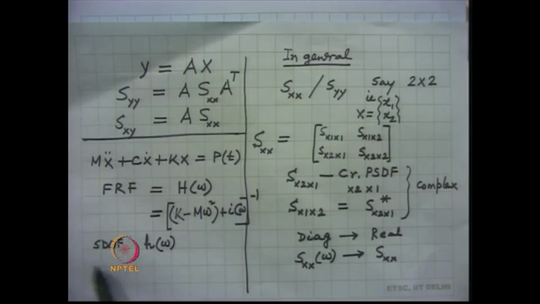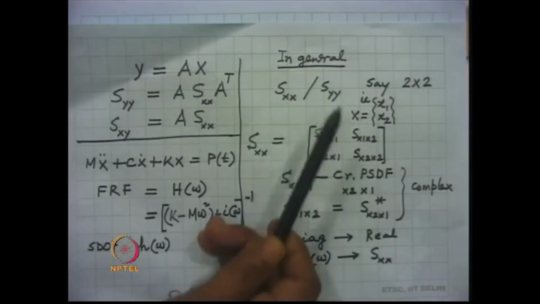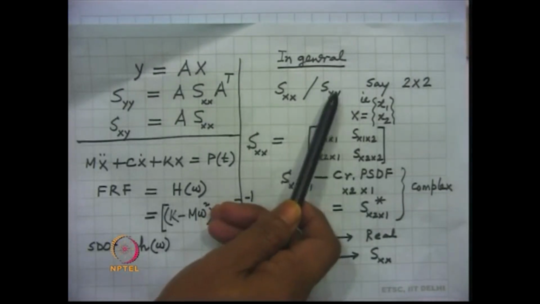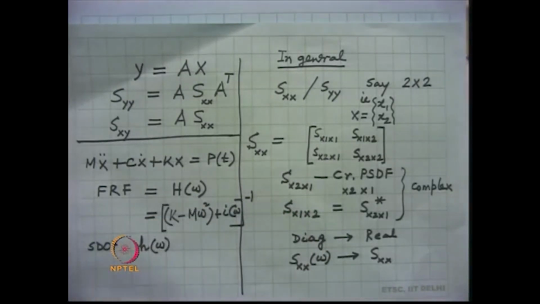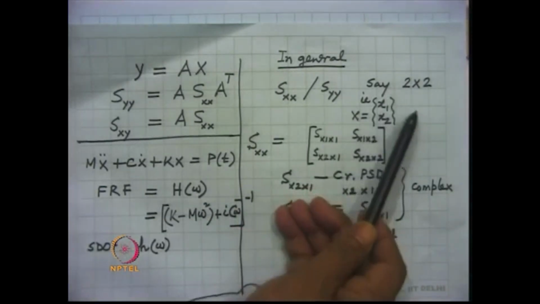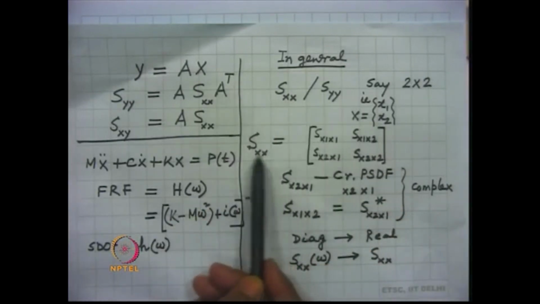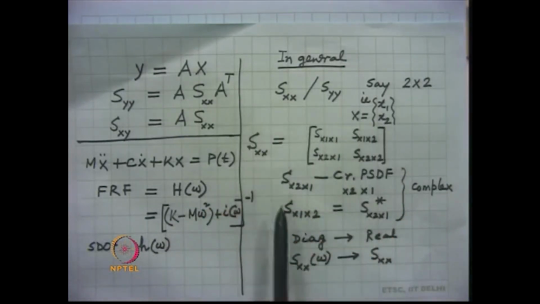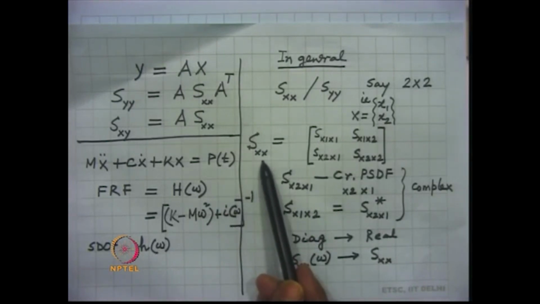In case of single degree of freedom system, this H(omega) matrix is written as small h(omega), that is a single quantity, which is also called the FRF, the frequency response function of a single degree of freedom system. Now SXX and SYY, these matrices, say for example if it is a vector of size 2, then this will be the nature of the power spectral density function matrix.